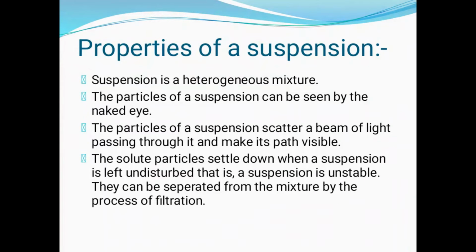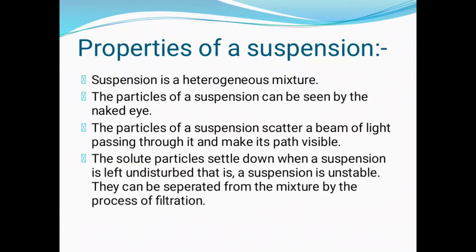Now we will see the properties of a suspension. Just now we discussed that when we add two or more components, solute particles get suspended in the solvent, giving rise to a heterogeneous mixture. So one property of a suspension is that it is a heterogeneous mixture, and the particles can be seen by the naked eye. The particles of a suspension also scatter a beam of light passing through it.